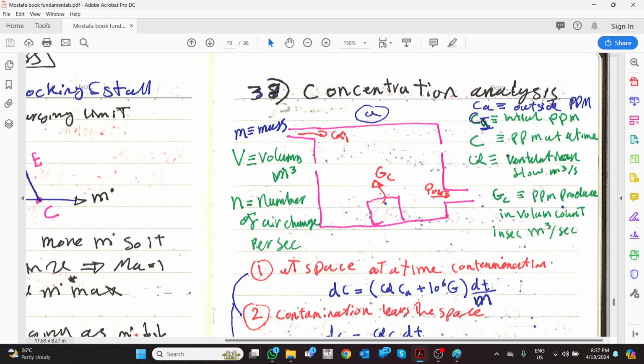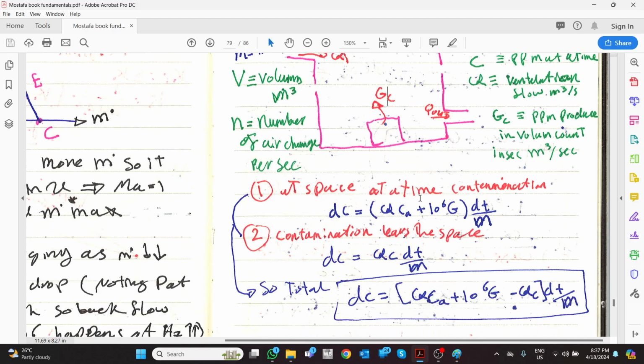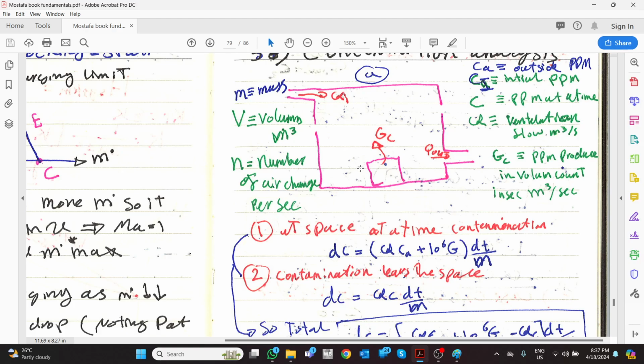How do we calculate it? At any time, the change in the concentration in this room should equal the volume flow rate multiplied by its concentration from outside, plus 10 to the power 6 times G, which is for changing to ppm, parts per million.